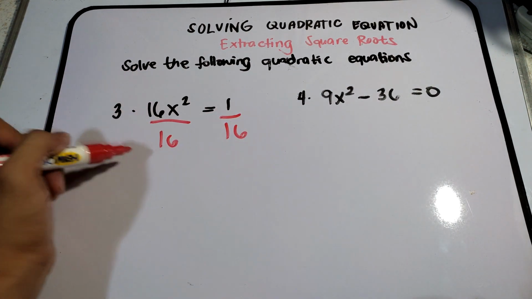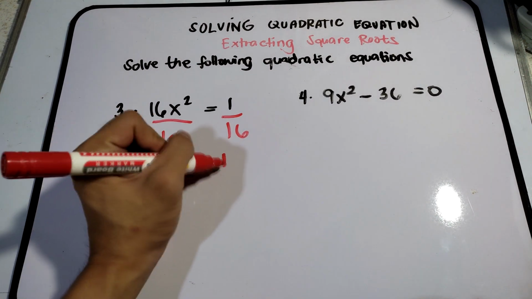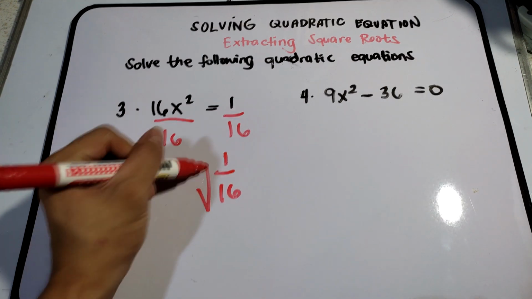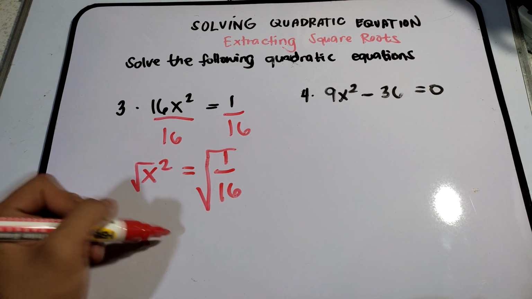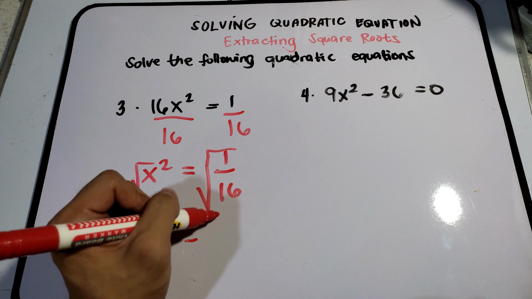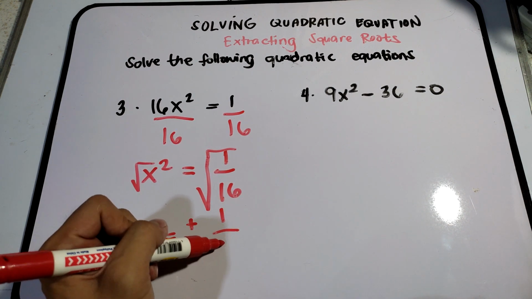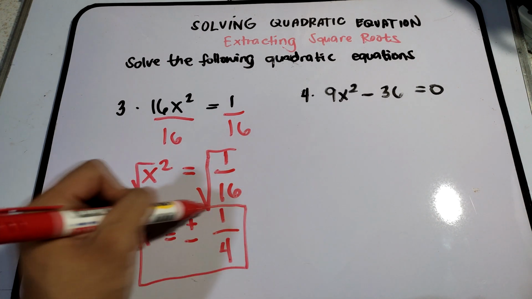So, ang matitira, simplify natin, x squared is equal to 1 over 16, and square root both sides. So we will have the answer x is equal to positive negative 1 over square root of 16, which is 4, which is our final answer.